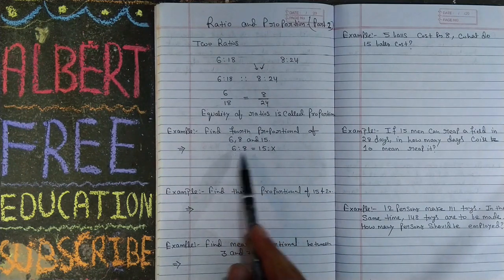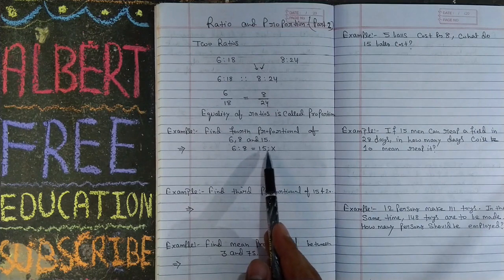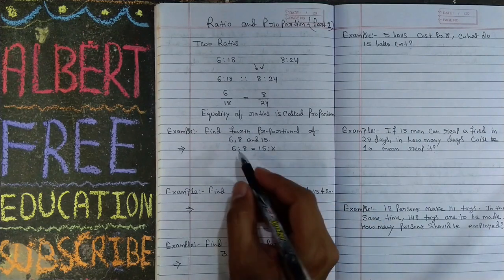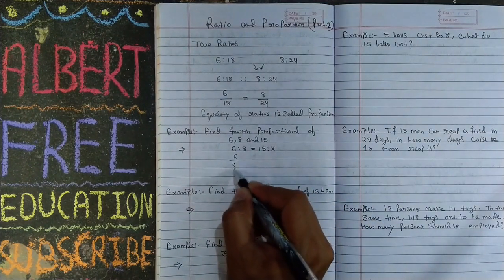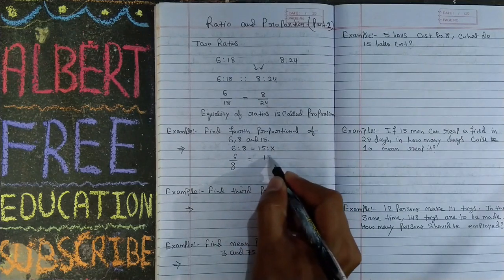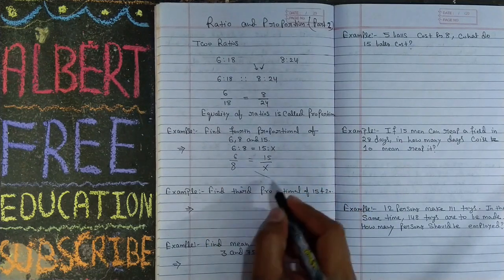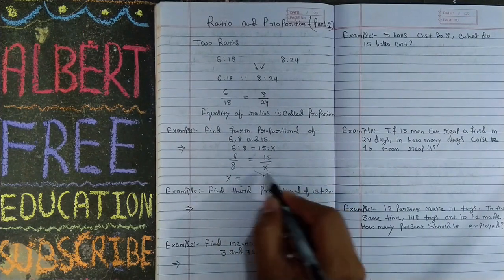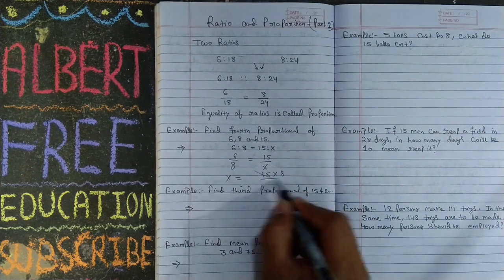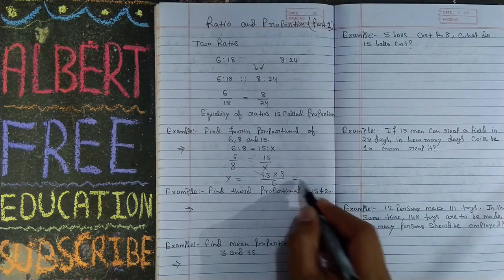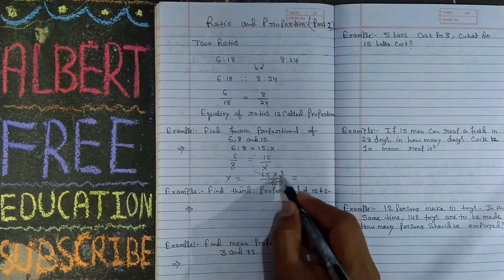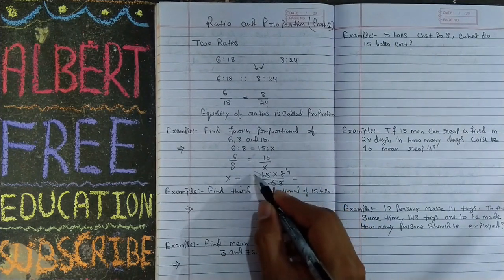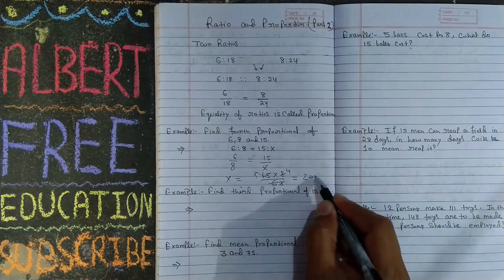So you will write 6:8 is equal to 15:x. This is 6/8 is equal to 15/x. Now you can multiply, so x is equal to 15 into 8/6. Now you can cancel: 2 3s are 6, 2 4s are 8, 3 5s are 15, 5 4s are 20. This is your answer.